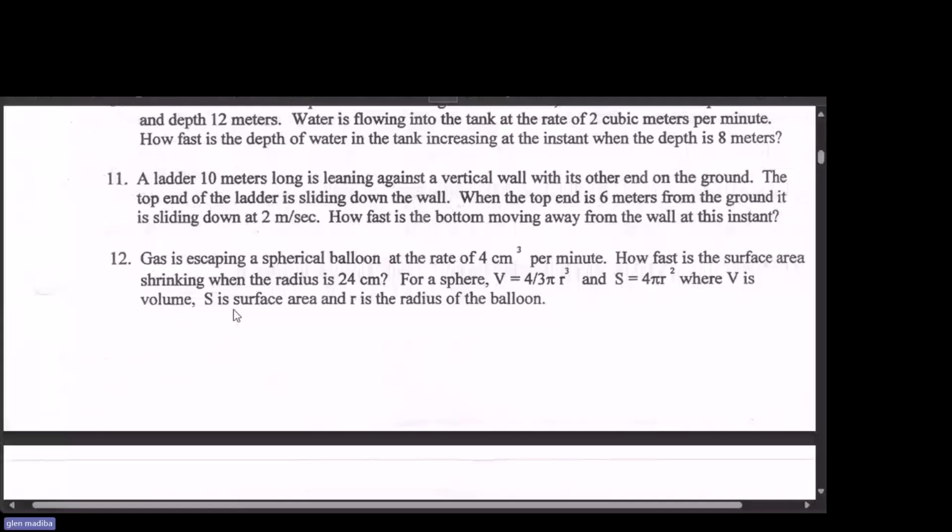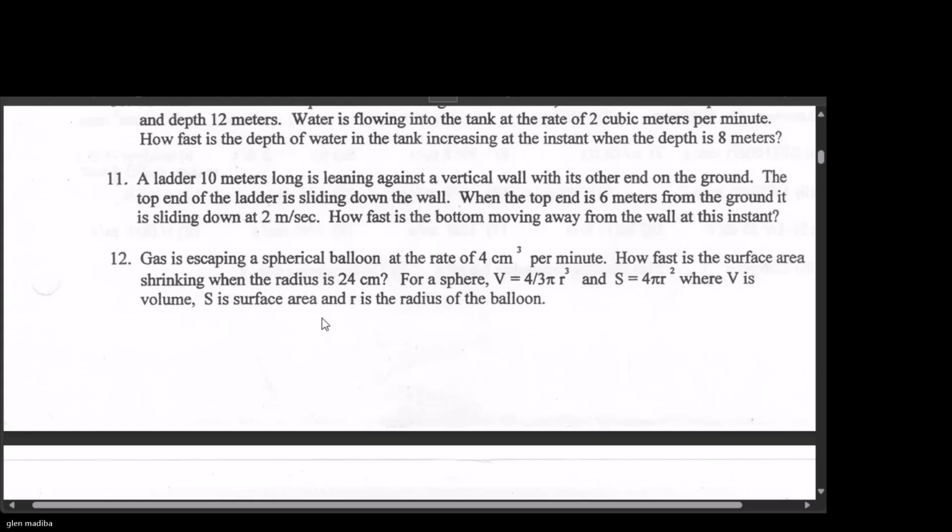In the very same line, they give us the radius. They tell us that the radius is 24 centimeters. Then they give us very valuable information. For a sphere, volume is equal to 4/3 pi r cubed, and for the surface area, S is equal to 4 pi r squared, where V is volume, S is surface area, and r is the radius of the balloon.